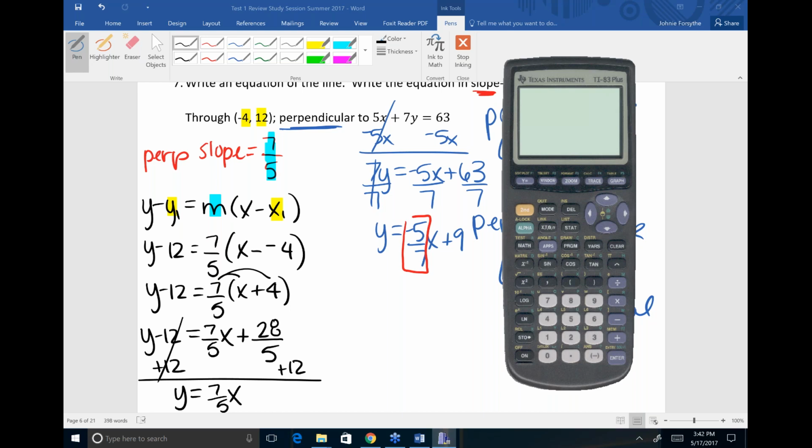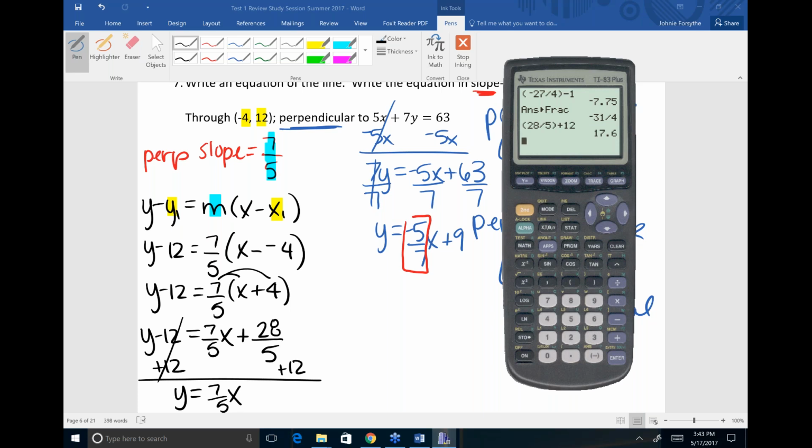Okay, so I want to do 28/5 plus 12. So I'm going to use parentheses. 28 divided by 5, close parentheses. That's 28/5 plus 12. It's going to give me a decimal.